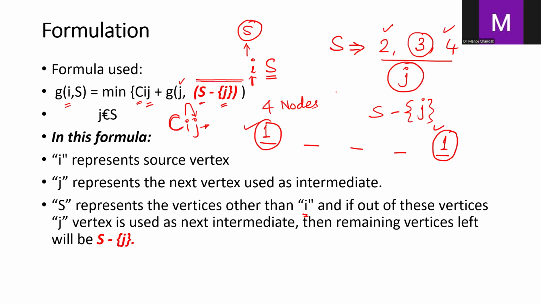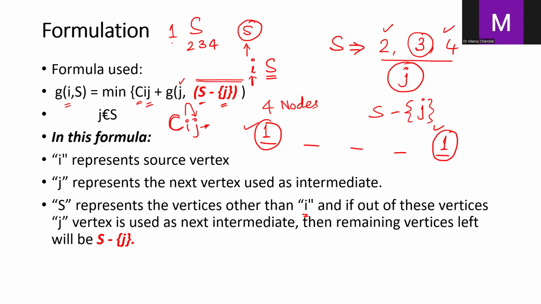Then I will have to operate on the remaining components, and after operating on them, the final minimum cost path will be derived. So if I start with vertex 1, then I will have the capital S as 2, 3, 4.